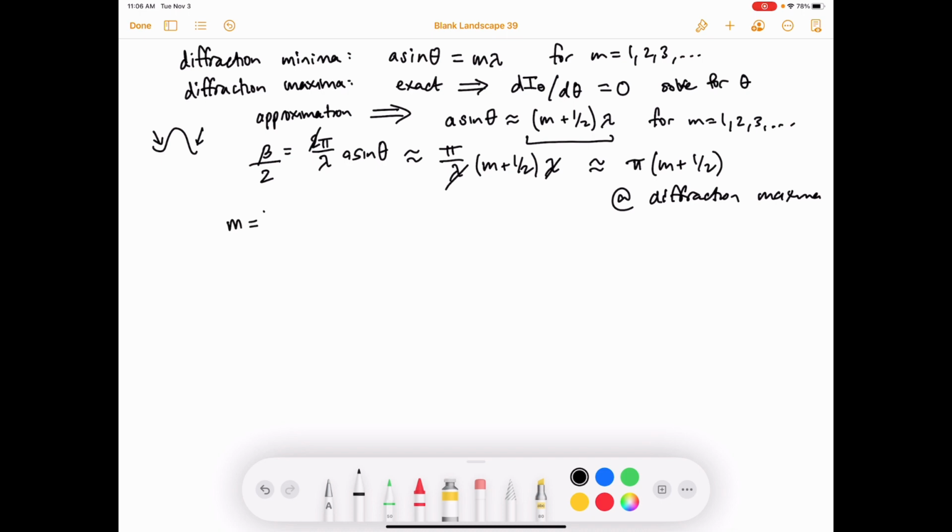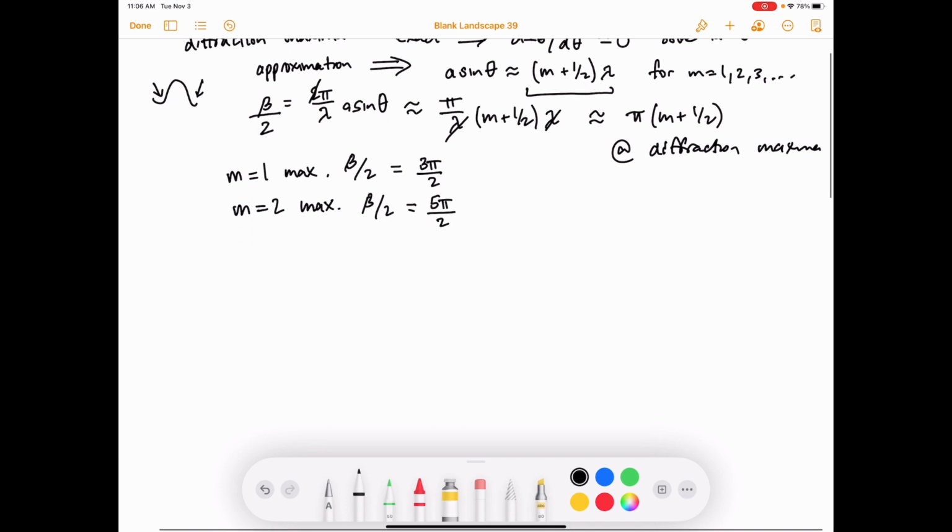So if we're talking about the m equals 1 max, then beta over 2 is just going to be pi times 1 plus a half, or 3 halves pi. At the m equals 2 maximum, beta over 2 is going to equal 2 plus a half times pi, which is 5 halves pi.